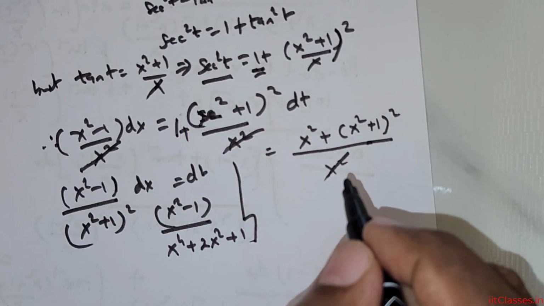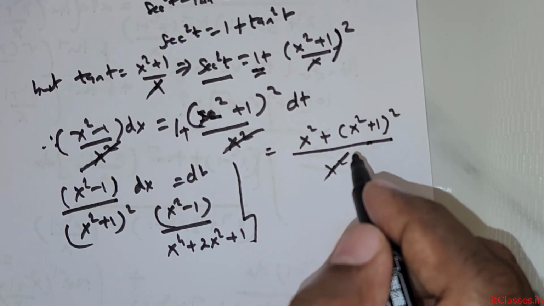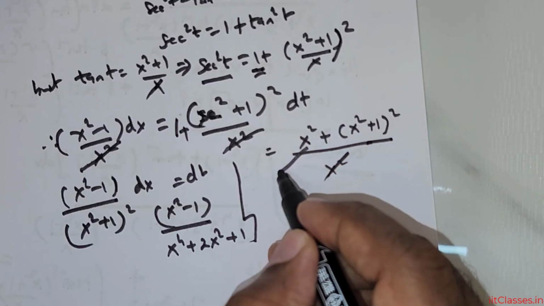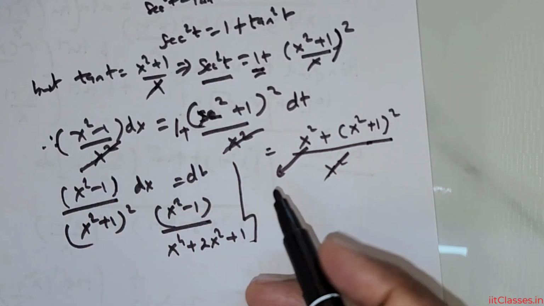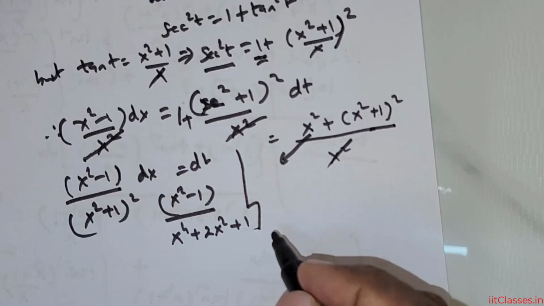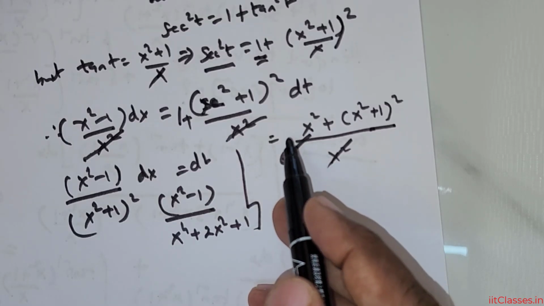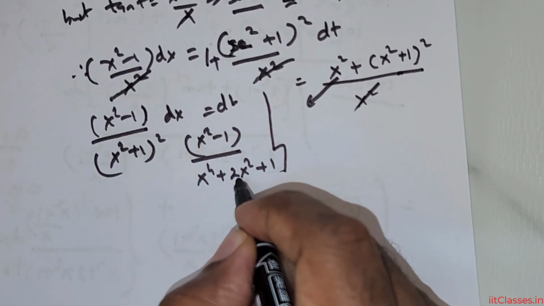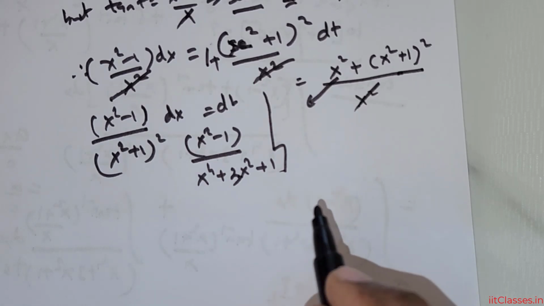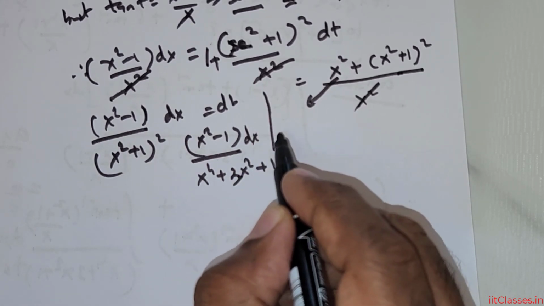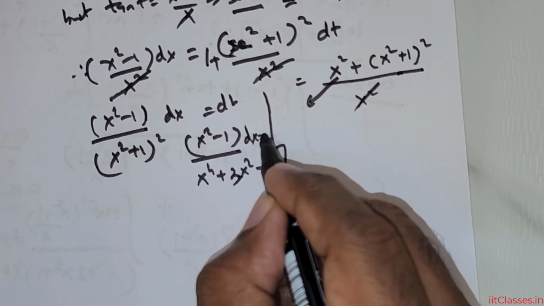Of course they get cancelled, but when this comes down, there is an x² there, right? So that would mean you now have (x⁴ + 3x² + 1) times the dx is equal to dt.